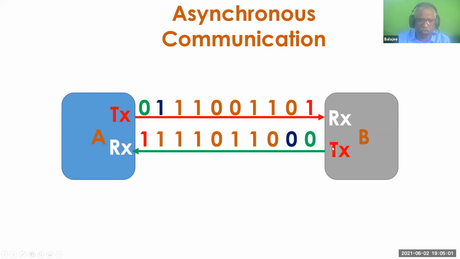But while B is transmitting to A, there are five ones, already an odd number of ones, so B added a 0 in the parity bit. That means that in the 8 bits, it is always the transmitter's responsibility to keep the number of ones odd. In the B to A case you don't add, whereas from A to B you add. That's the way it detects errors.